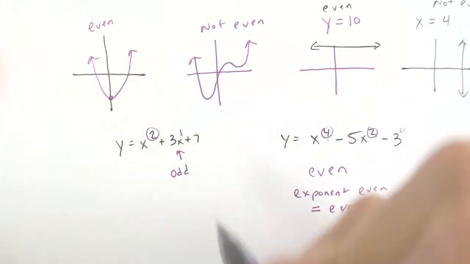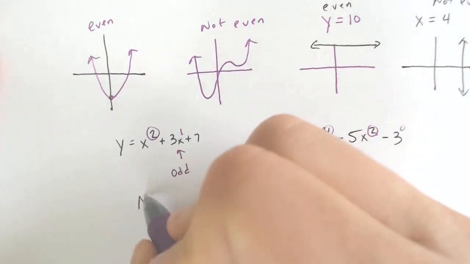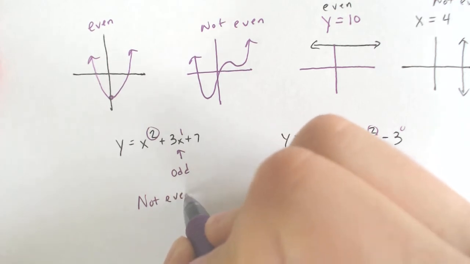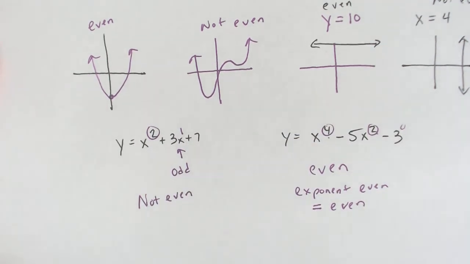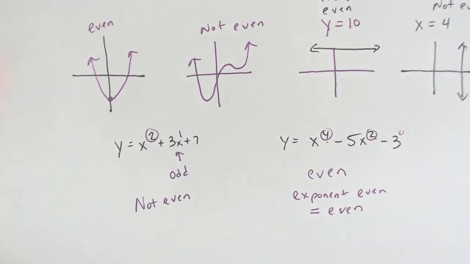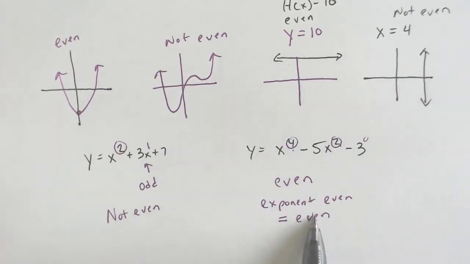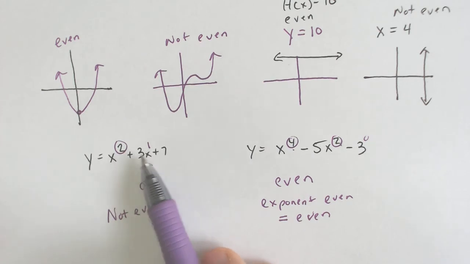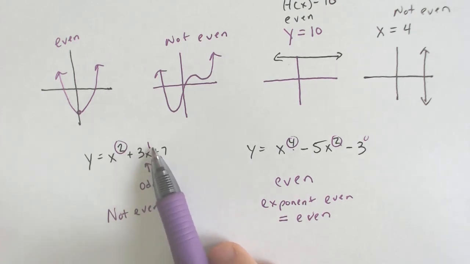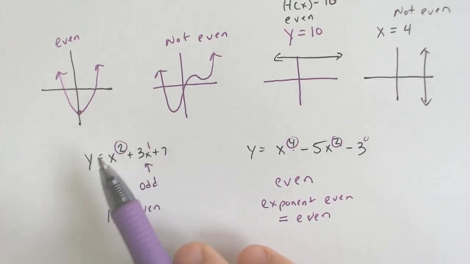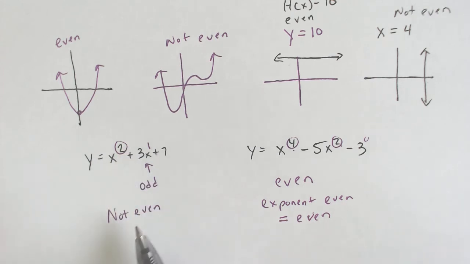If we have a singular odd exponent, it is not guaranteed to be even. And normally, if it's not guaranteed, it's not even. Okay? So all the exponents are even, it's even. If one singular exponent is odd, that 3x to the first power is an odd exponent, even though that x squared was even, it's not even.